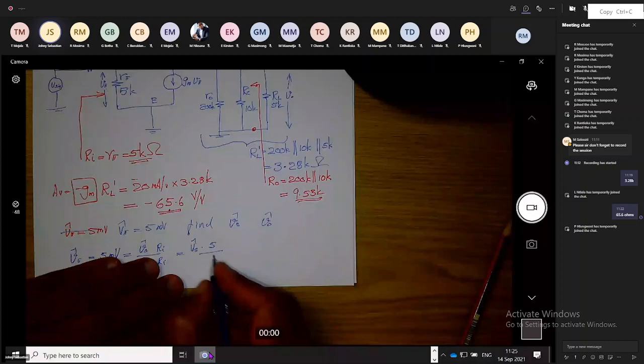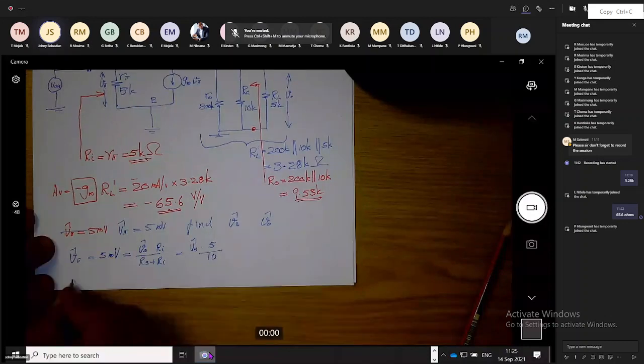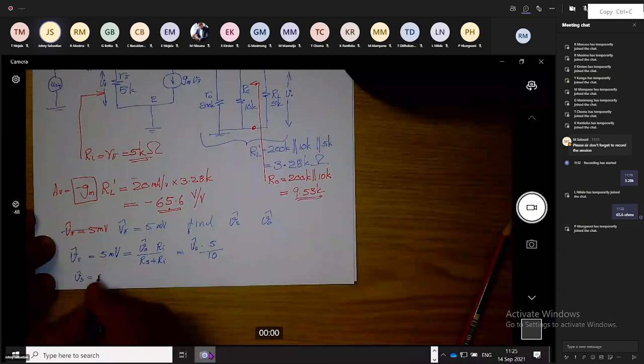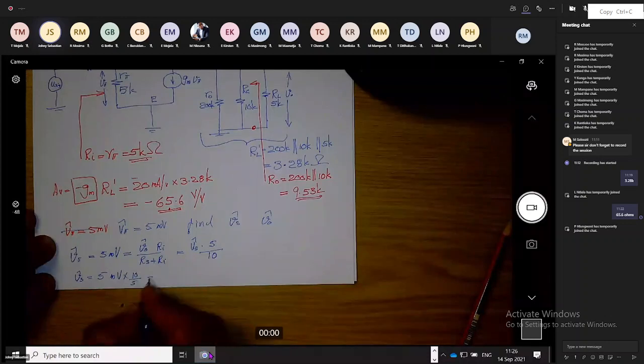From here, we can find Vs peak equals 5 millivolt times 10 over 5. That is going to be 10 millivolt.